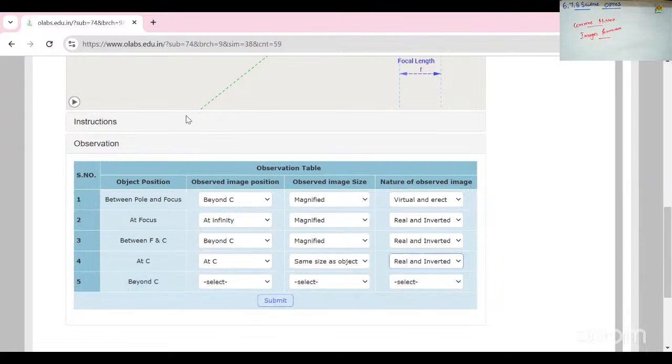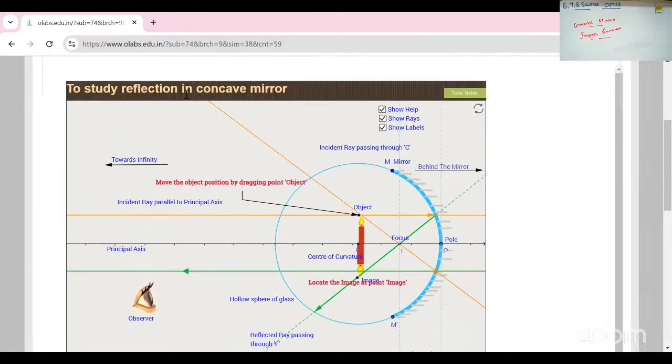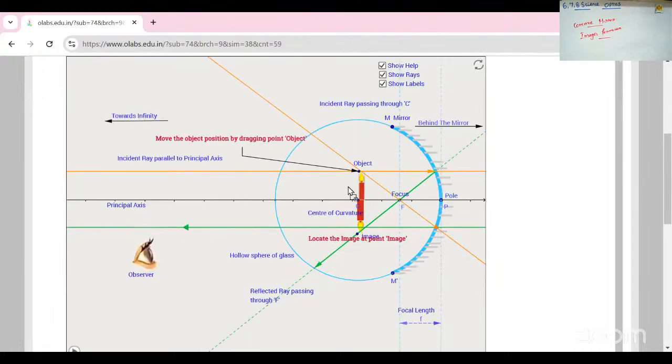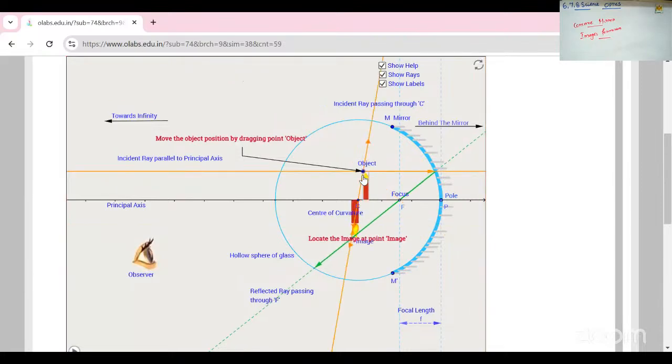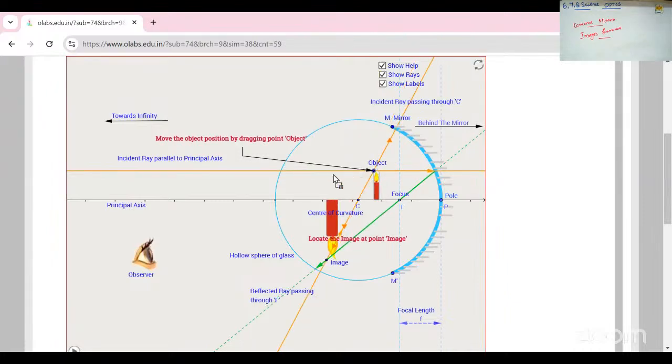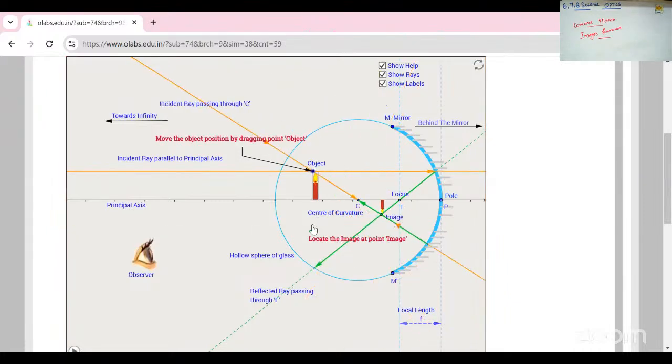When we place the object beyond the C position, where does the image occur?